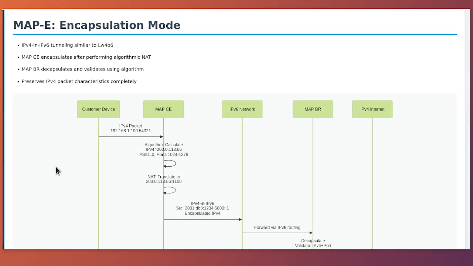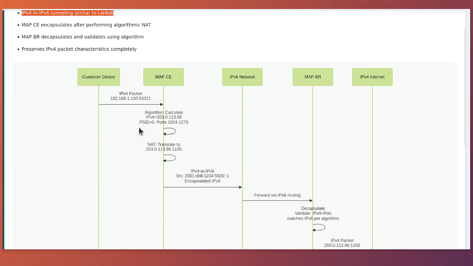MAPE encapsulation mode. MAPE, or MAP encapsulation, is the variant that uses IPv4 in IPv6 tunneling to transport packets across the ISP's network. From an architectural perspective, MAPE is very similar to LW406.